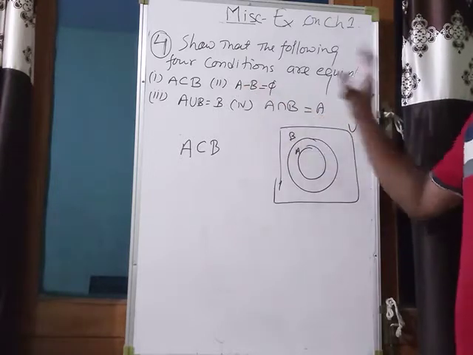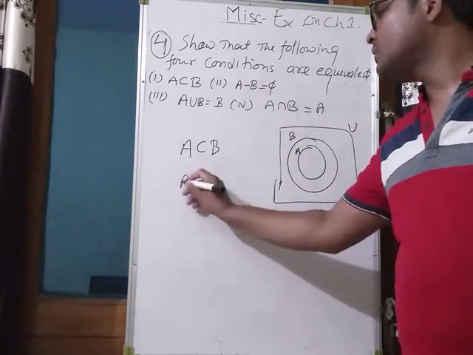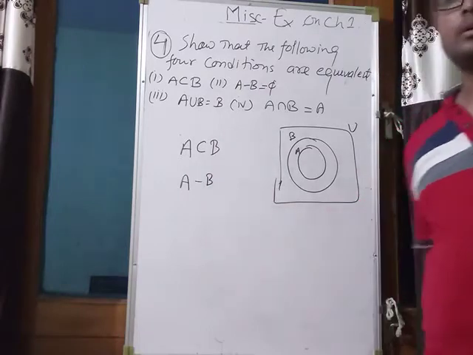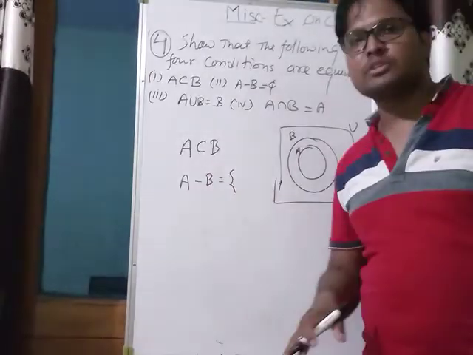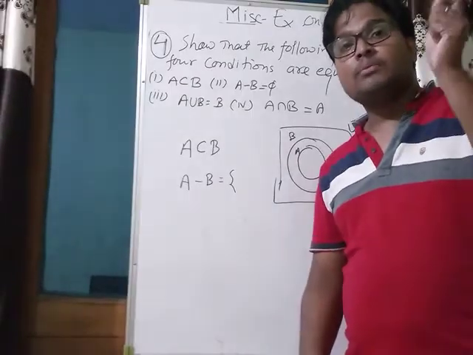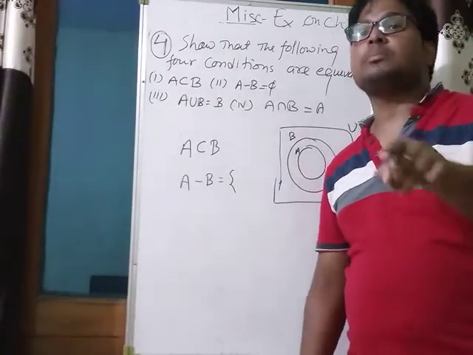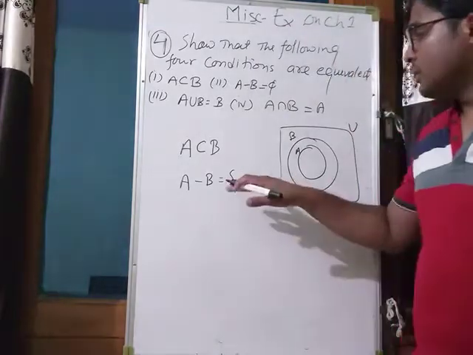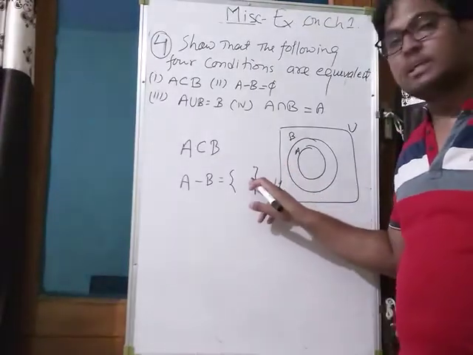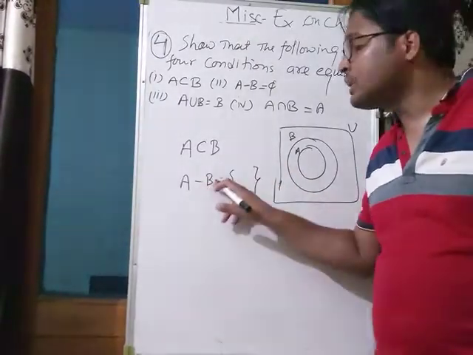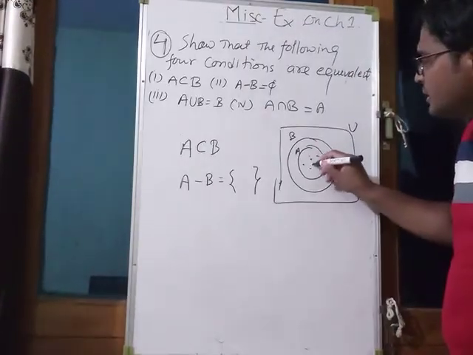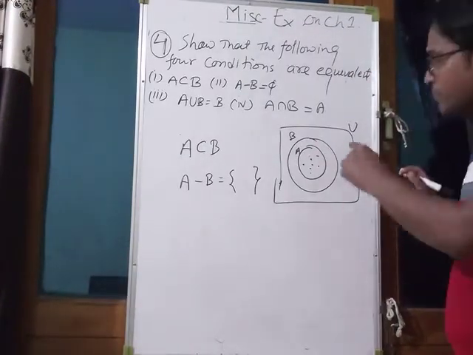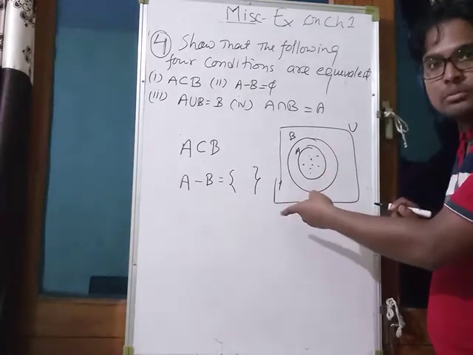Now A difference B. Which type of elements come in A difference B? Elements of A but not belonging to B. It contains those elements of set A which do not belong to set B. But you can see all elements inside A must belong to B also.